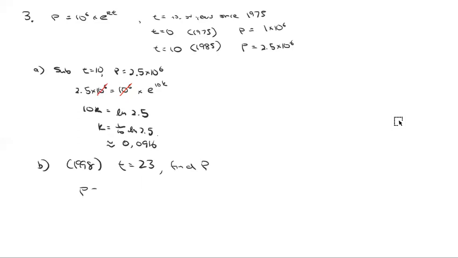So P must equal 1,000,000 times e to the k. I'll just write a k, but we know the value, times 23. You just type that in your calculator.